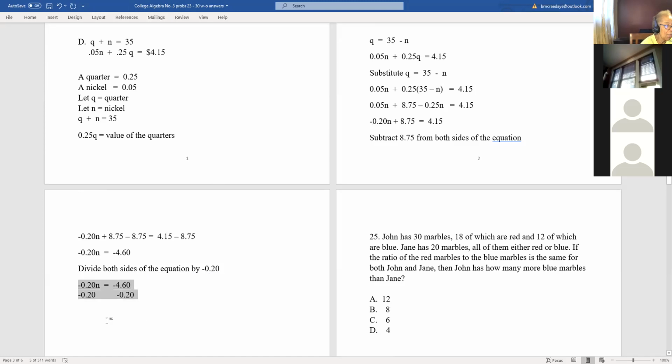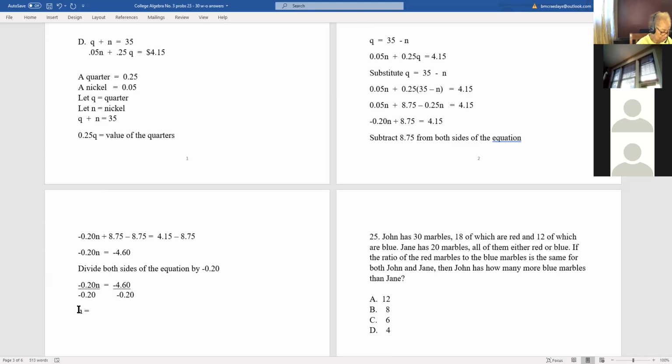Okay, now what do you get on the left side, Latoya? n. n, very good. And what do you get on the right side? 4.6 divided by 0.20.